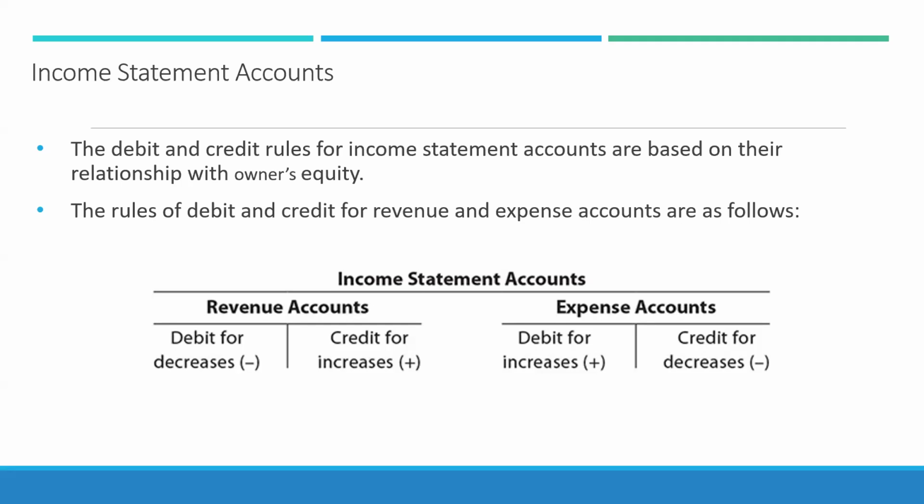Okay, so know the rules for revenues. Since revenues increase owner's equity, then revenues increase with the credit and decrease with the debit. But since expenses decrease owner's equity, expenses increase with the debit and decrease with the credit.